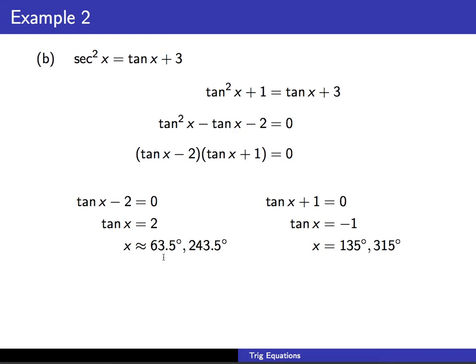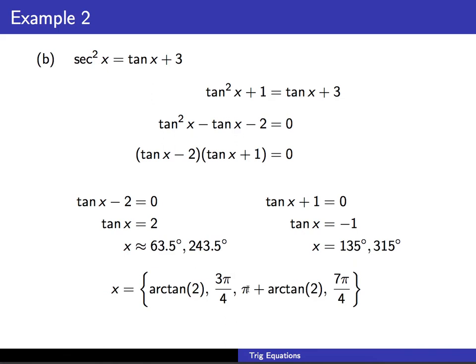So 180 degrees plus the inverse tangent of 2 as an exact value is pi plus arctan 2. The 63.5 as an exact value is the inverse tangent of 2. So again, using arctan for that, but you can use inverse tangent notation as well.